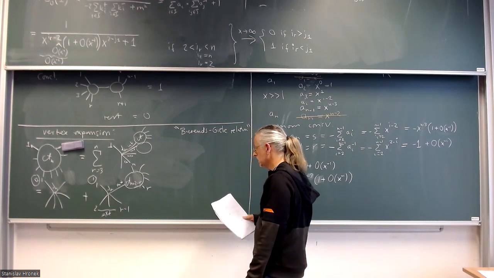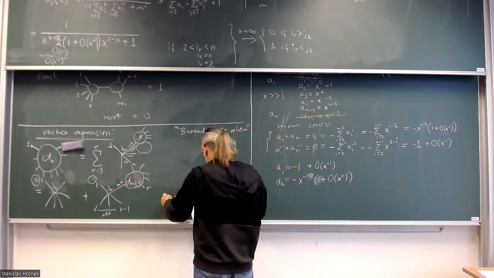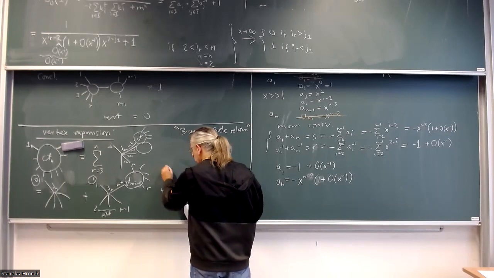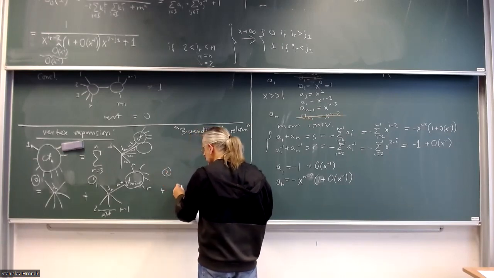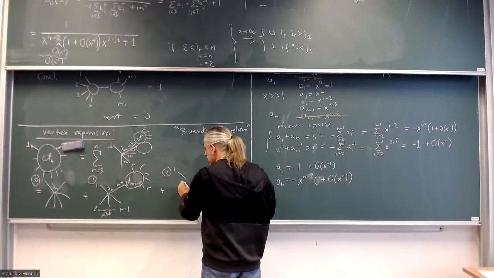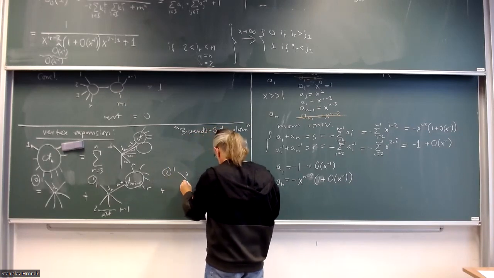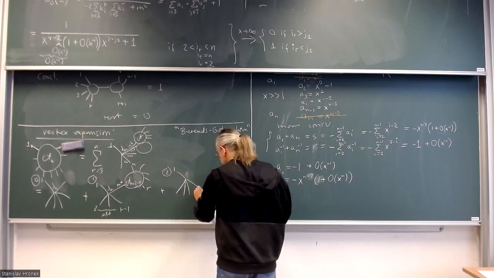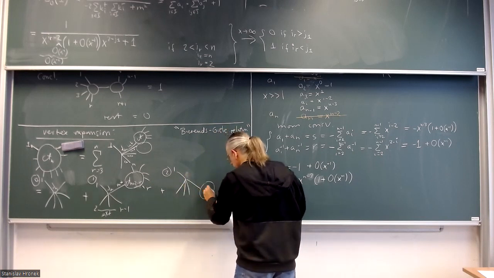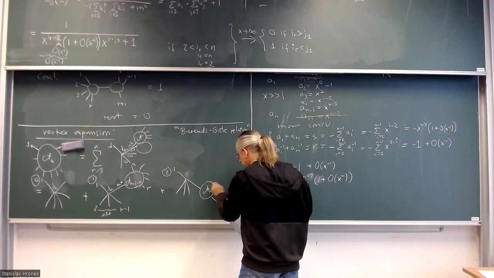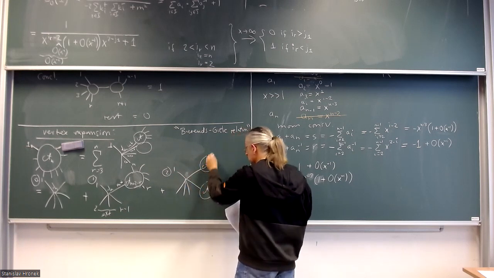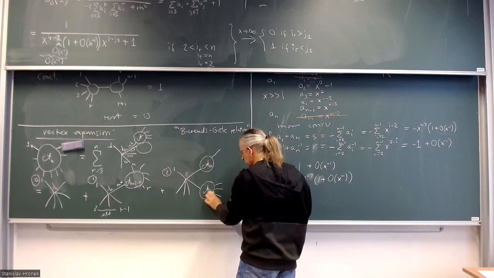And then the next contribution would be where we have 2 internal lines, for instance. So then 1, and then lambda, and then here we have 2, an, and then we have an, like that.